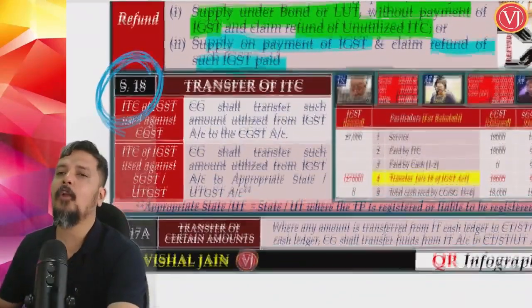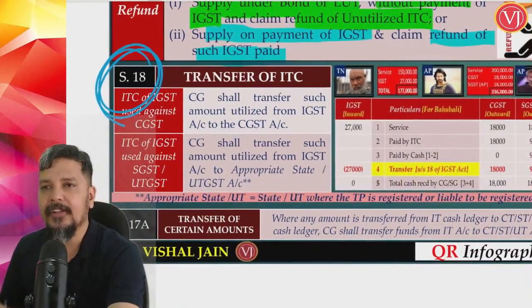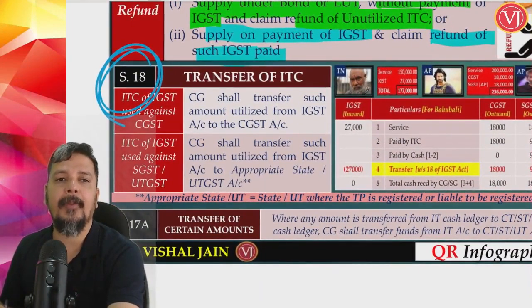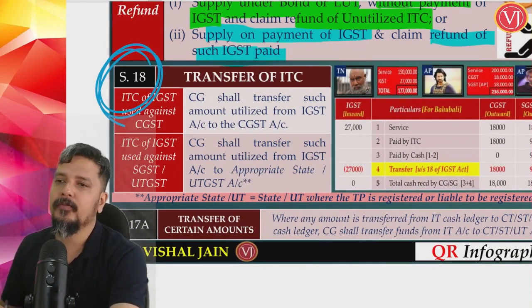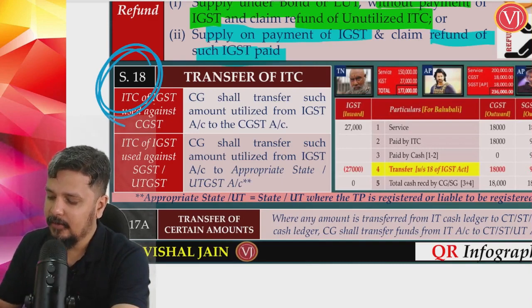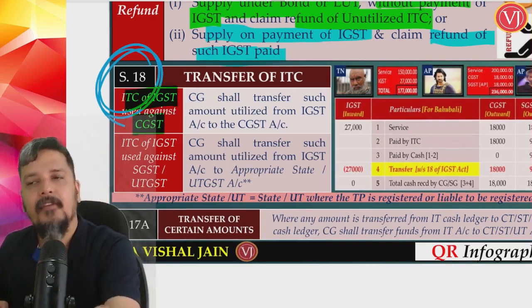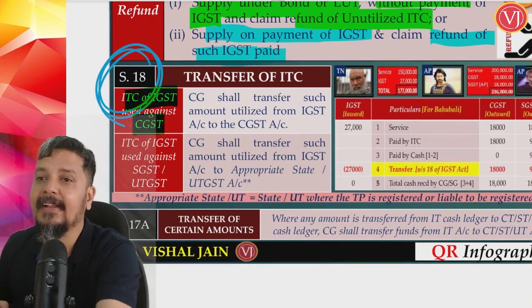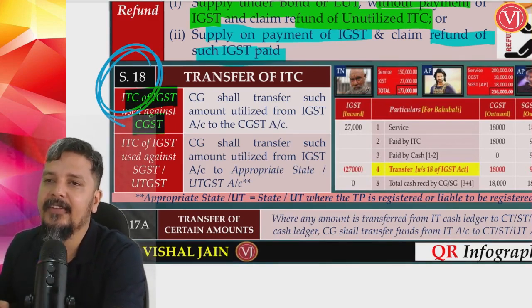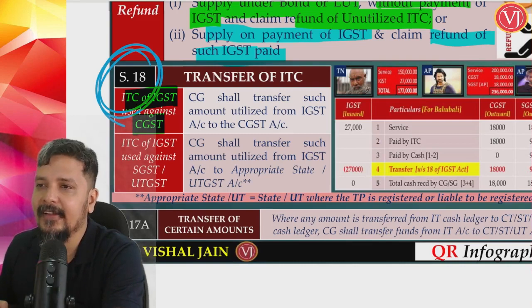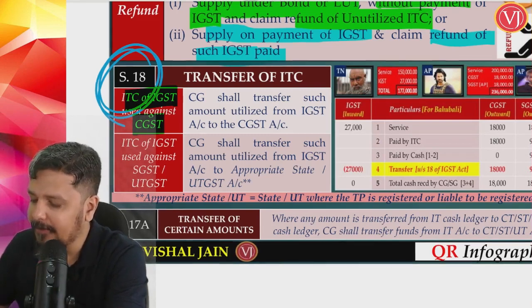When you are paying your output tax by using the credit, at times you'll use IGST credit for paying CGST. See, IGST will be with central government but acting as custodian. If IGST credit is used for CGST tax, then finally what will happen?